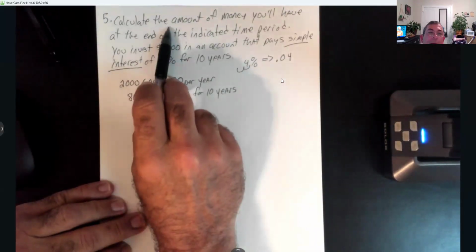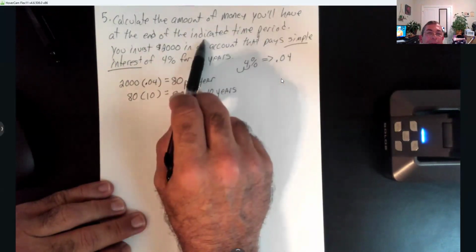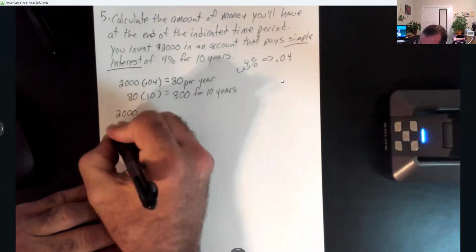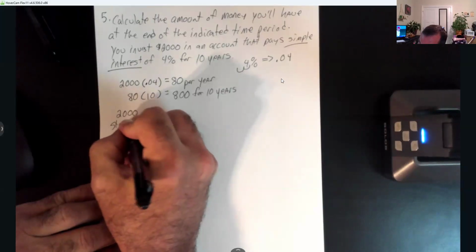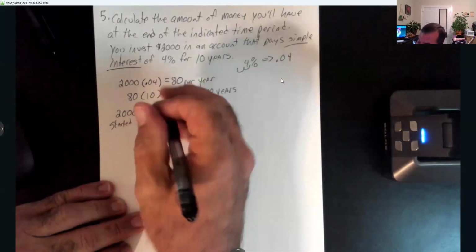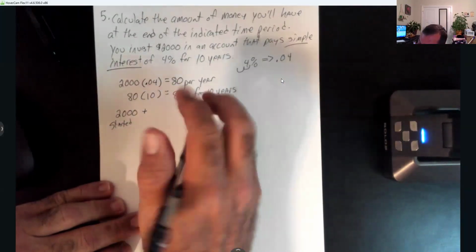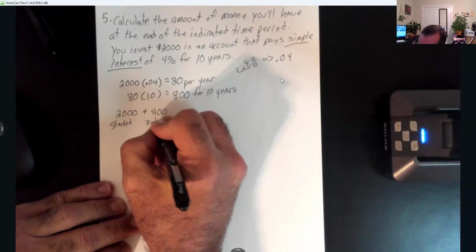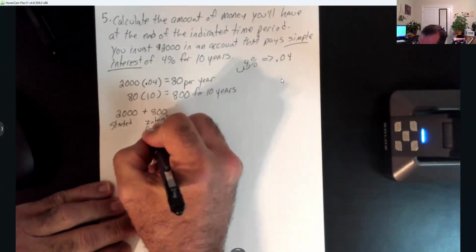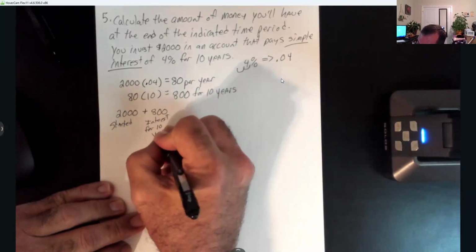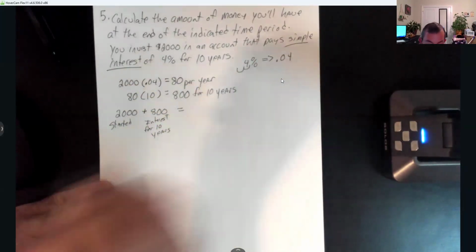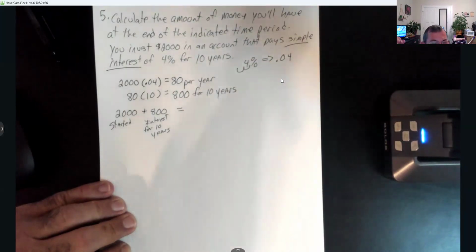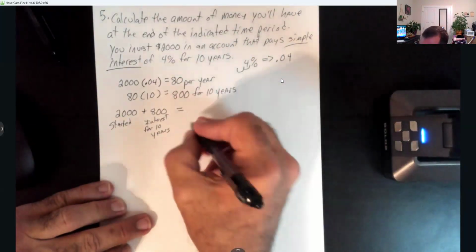But notice they want the amount of money you'll have at the end of that time. So we started with 2,000. We're adding 800 interest. So that was our interest for 10 years. And y'all, when we add them together, we get what's that, 2,800?